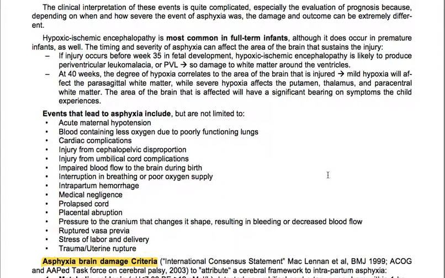At 40 weeks, the degree of hypoxia correlates to the area of the brain that is injured. Mild hypoxia will affect the parasagittal white matter, while severe hypoxia affects the putamen, thalamus, and paracentral white matter. The area of the brain that is affected will have a significant bearing on symptoms the child experiences.